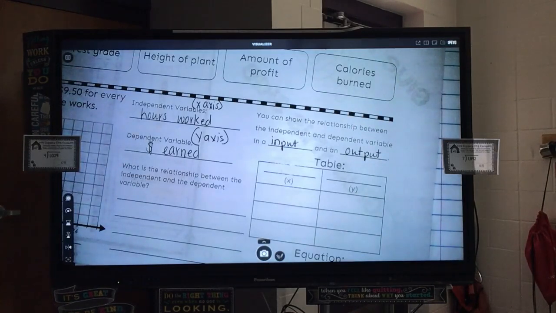X by hours is... And then the first one would be 9.50. And then the second one would be... Oh, I see what you mean. Yeah, so for 2 hours, it would be $19.